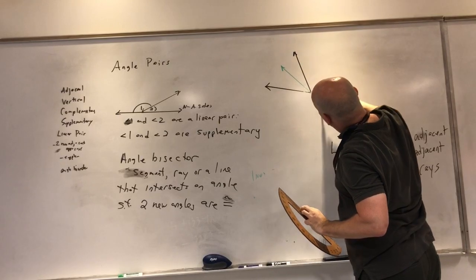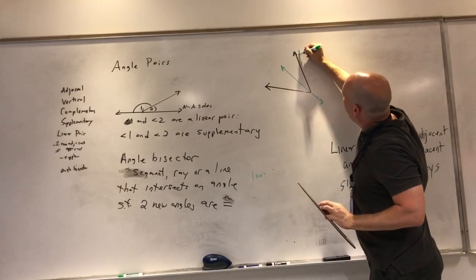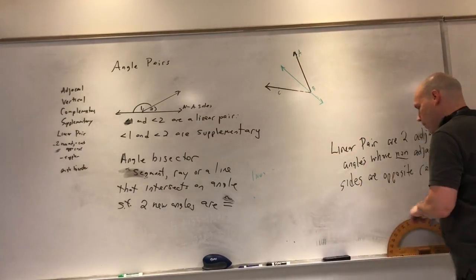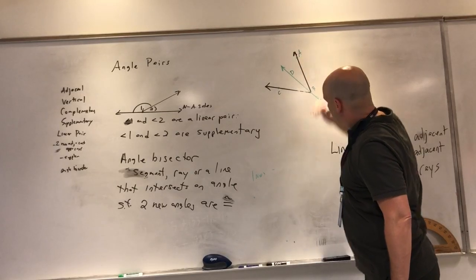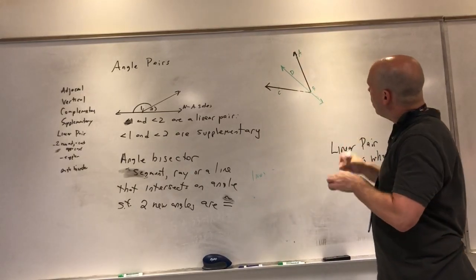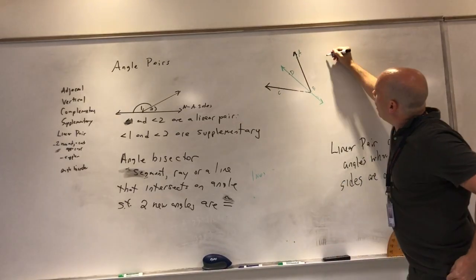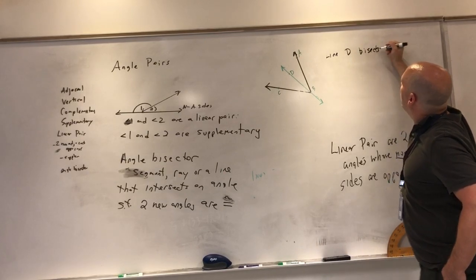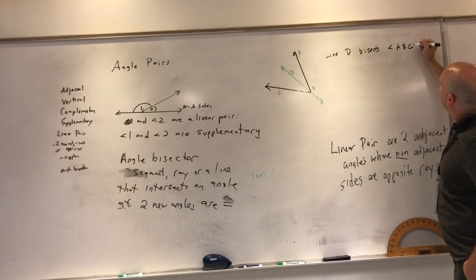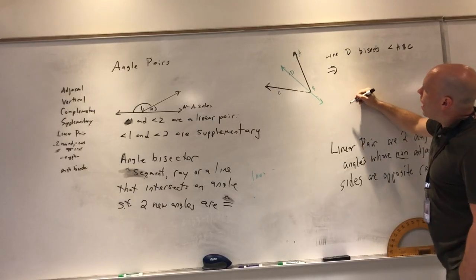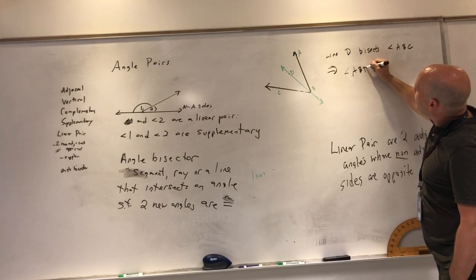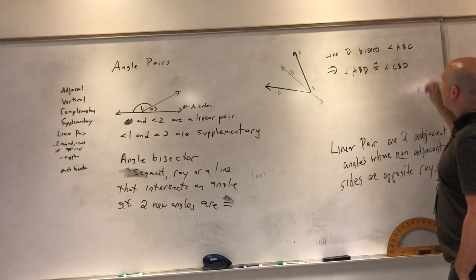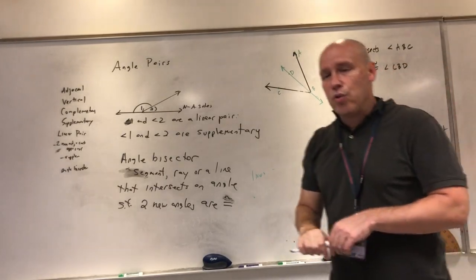So let's call this angle A, B, C, and let's say that line D bisects angle ABC. Therefore, we would say that angle ABD is congruent to angle CBD. Done. You can do the work in the back of the unit.